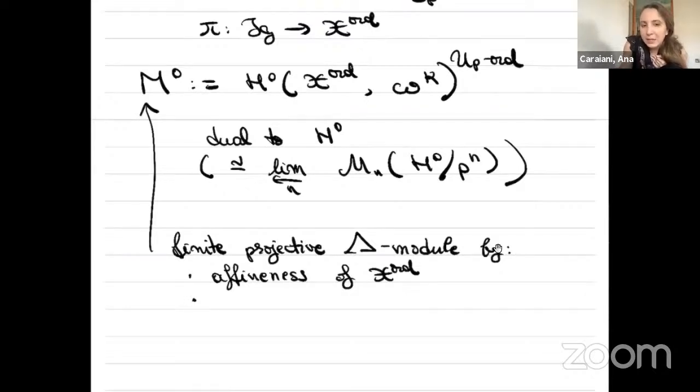So to get that it's really a finite projective Lambda module, you need to know that some of these ordinary p-adic modular forms are in fact classical. And so you can obtain them as sections of an automorphic line bundle over the entire modular curve, which is a projective curve.